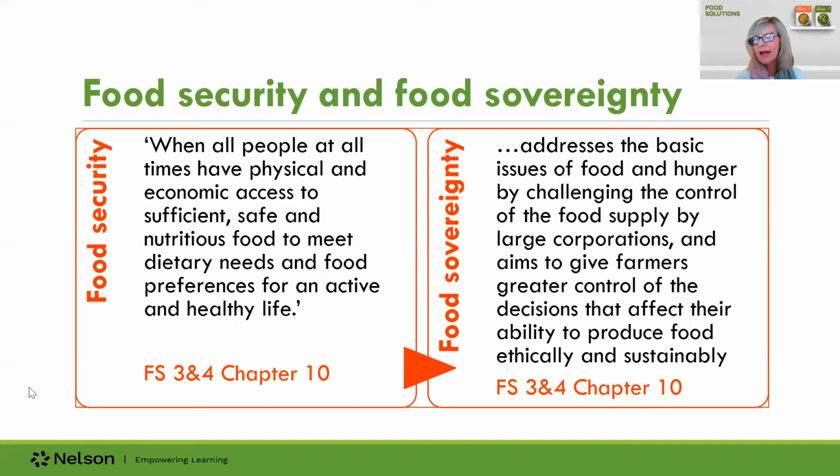And then if we link back to food sovereignty, it's the concept of addressing the basic issues of food and hunger by challenging the control of food supply by large corporations, and it aims to give farmers and, again, First Nations people greater control of the decisions that affect their ability to produce ethical and sustainable food. So again, they are all interchanged with the food system.